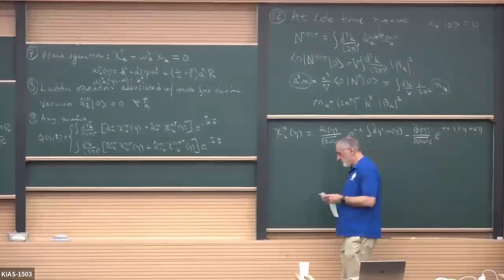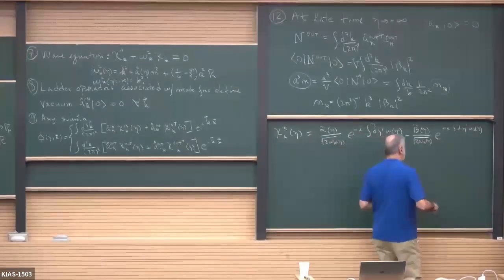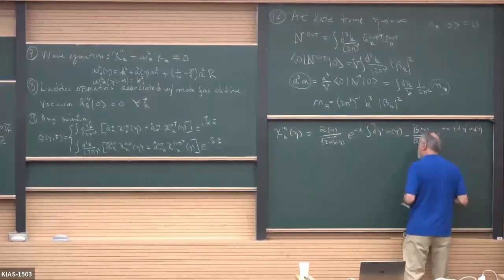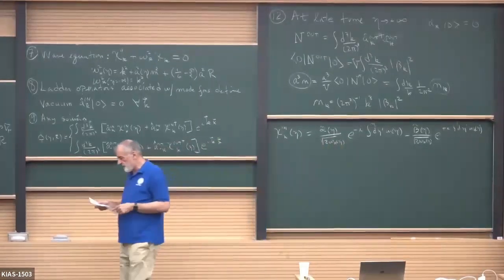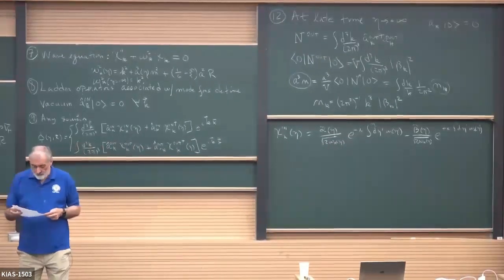So this is going to be doing something like a JWKB approach. So I've defined new mode functions, alpha tilde and beta tilde.